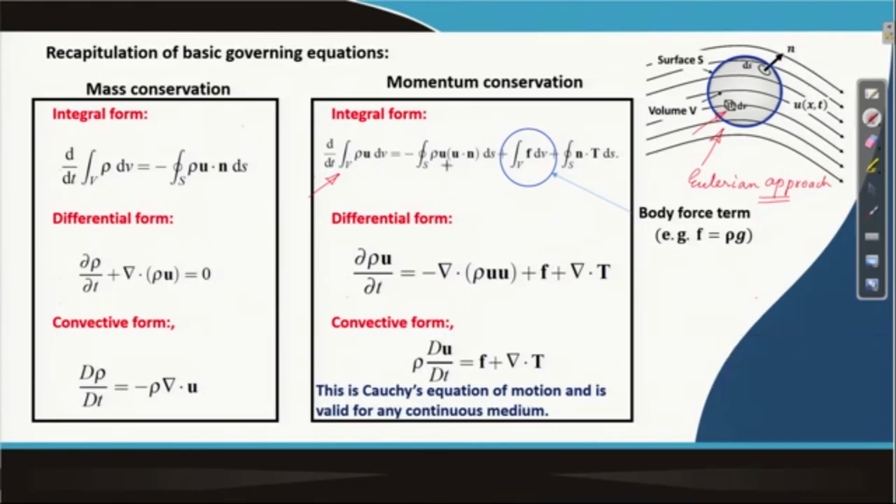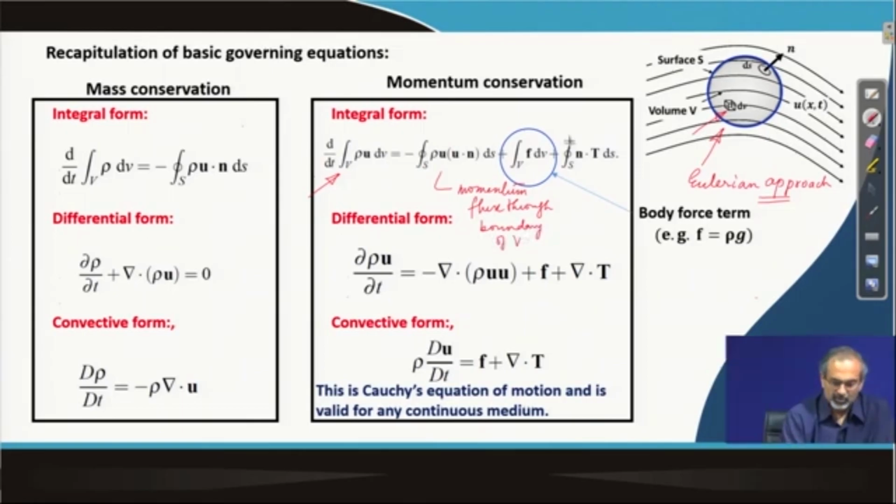We can indicate the first right hand side term as the momentum flux through the boundary of the volume, and then the second term is the total body force.